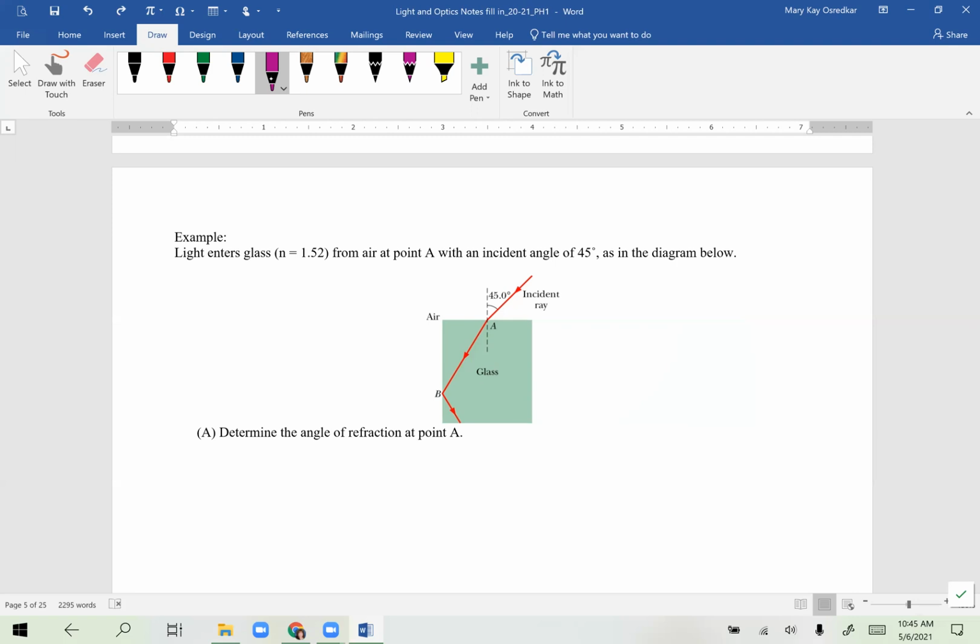Can I use a little tiny calculator? Oh yeah, you can use any calculator. I just want to make sure you know what it's going to say. Okay. Yes. All right.